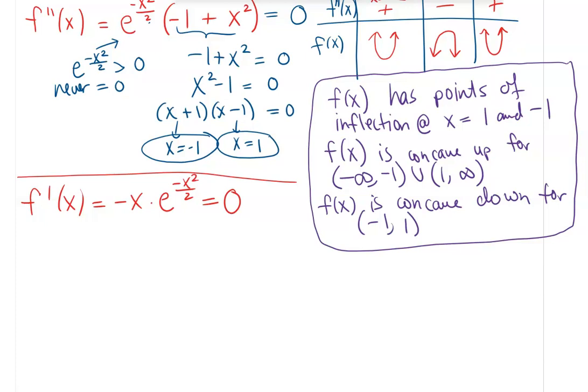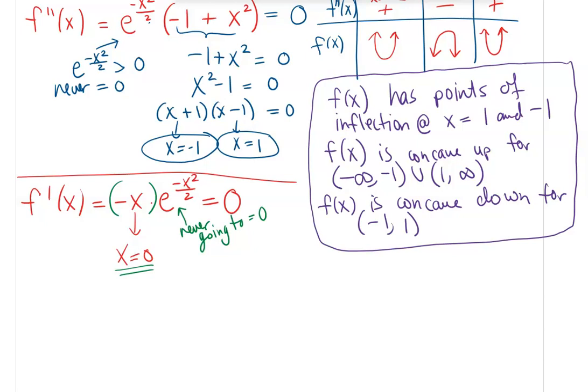Because again, this is going to be defined for all real numbers, so there are no places where it's undefined, but there are places where it could equal 0, and that would specifically be when x is 0. Because e to the -x squared over 2 is never going to be 0. So we just need to worry about this factor being 0, and that would happen when x is 0.